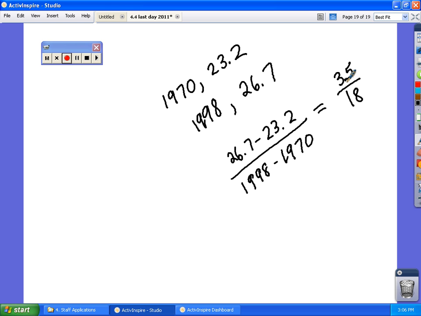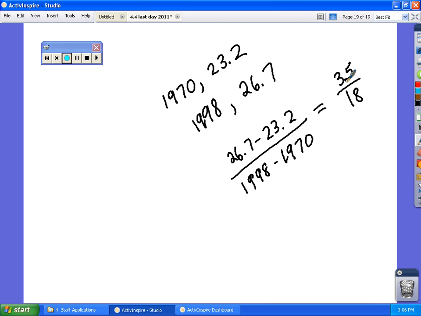you get an answer that actually goes on for quite a bit. So I'm checking my work to make sure I didn't make a mistake there. But no, it doesn't look like I did. It's 3.5 divided by 18.